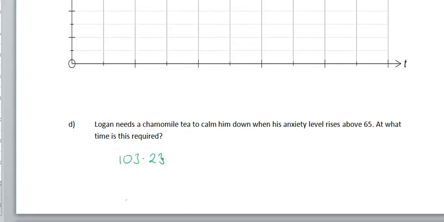In an exam, they would probably say to the nearest decimal place or to the nearest minute, so you would have to do what the question says. This you could say is 1 hour and 43 minutes into the flight, or if it said nothing, that would actually get you the mark.